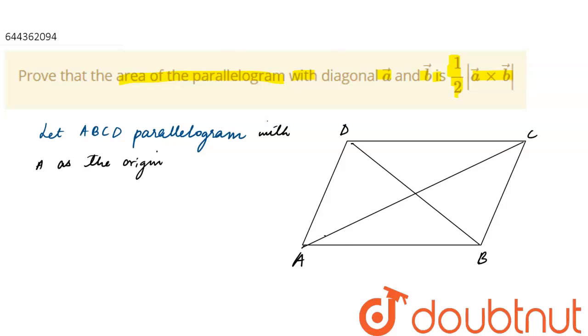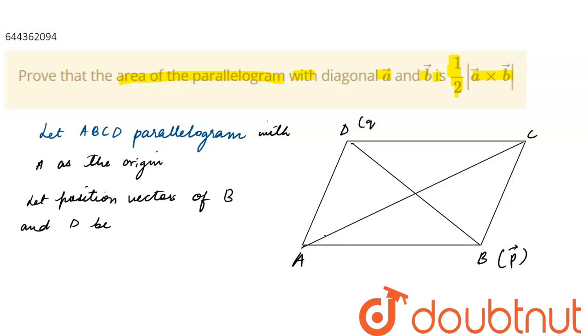So here we will let the position vectors of B and D be P vector and Q vector.